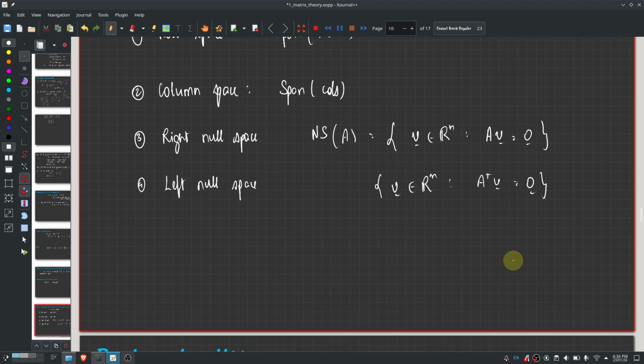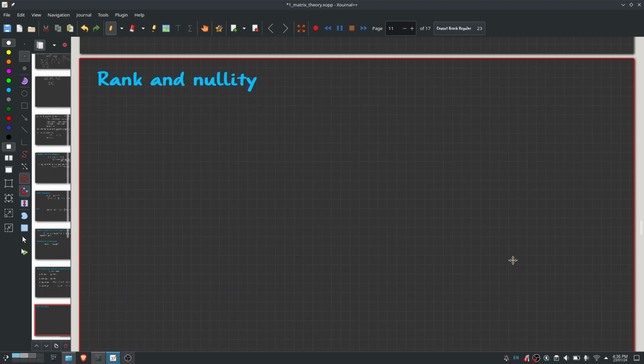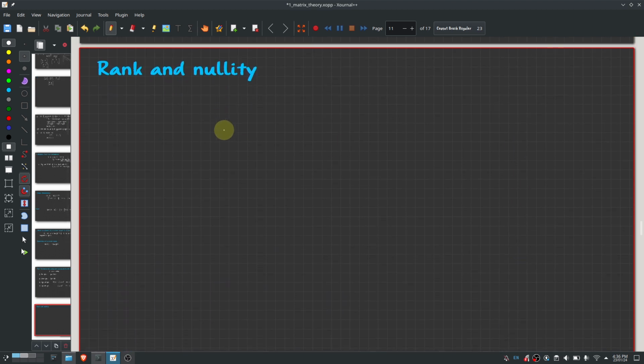Correct. So the fundamental theorem that you've seen is that the rank of the matrix plus the nullity of A is equal to the number of columns.